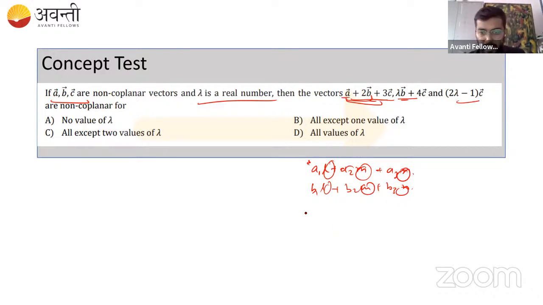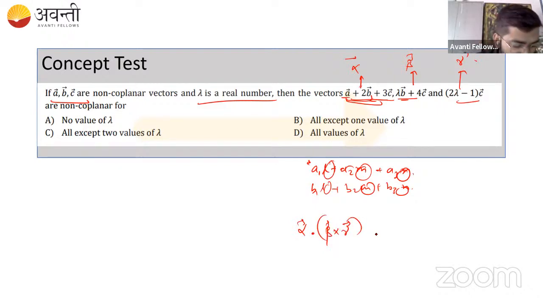So what we will do here is, let's name this as alpha bar, this as beta bar, this as gamma bar. So alpha bar dot beta bar cross gamma bar, we have to find out what this is, right? And l, m, n are non-coplanar vectors. So a, b, c are non-coplanar, so that is why our l, m, n will be replaced by a, b, c.